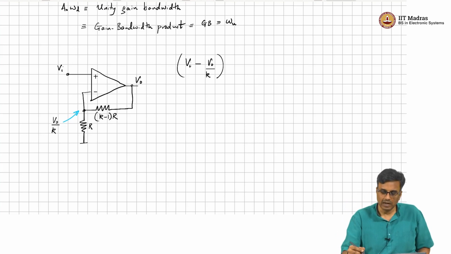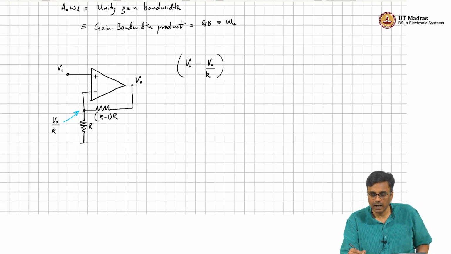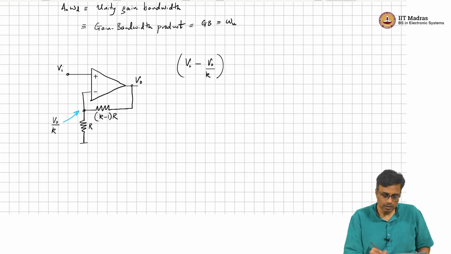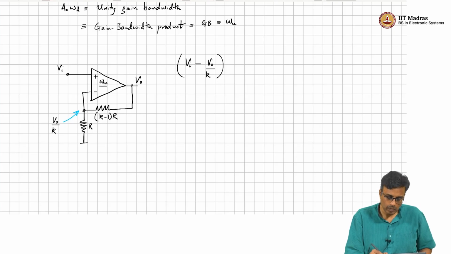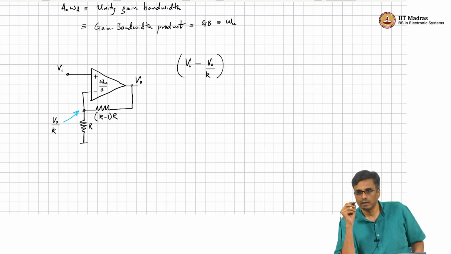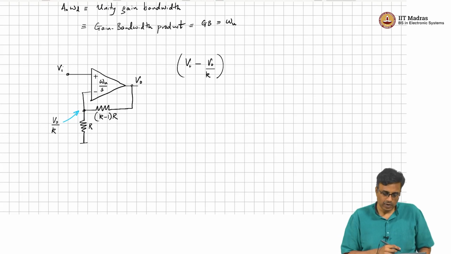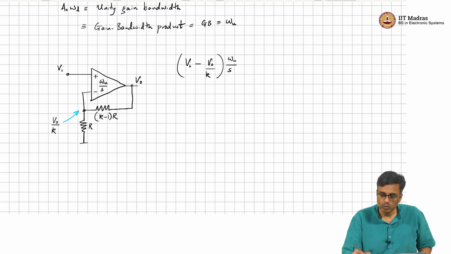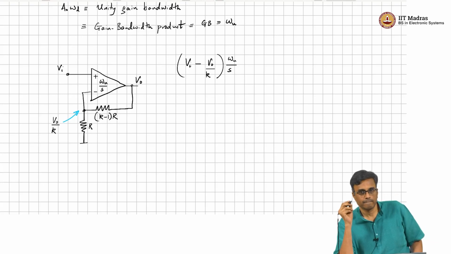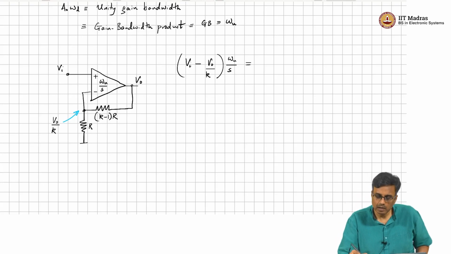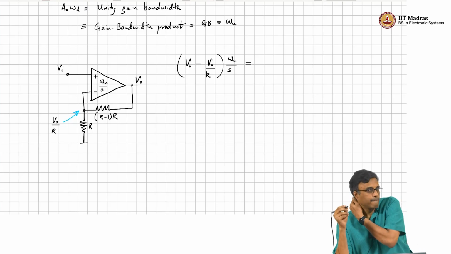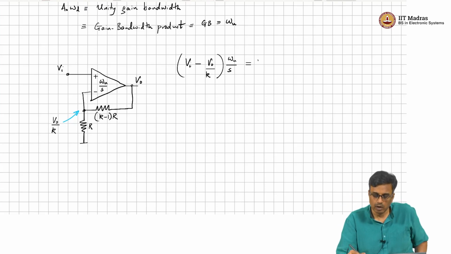So the transfer function of the op amp can be approximated, if the DC gain is sufficiently high, as approximately omega u by S, correct. So (V I minus V naught) by K times omega u by S equals V naught.